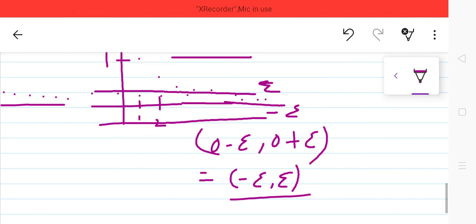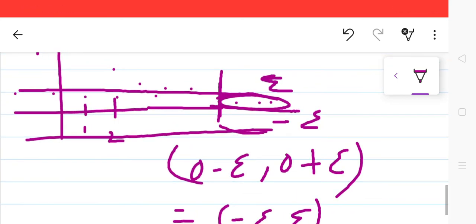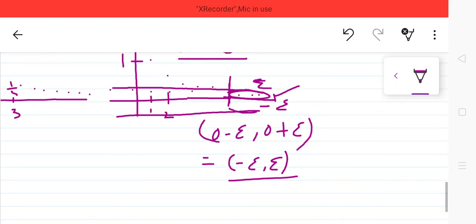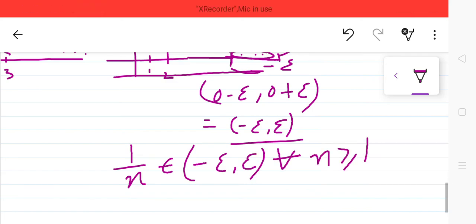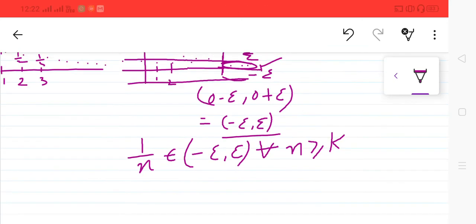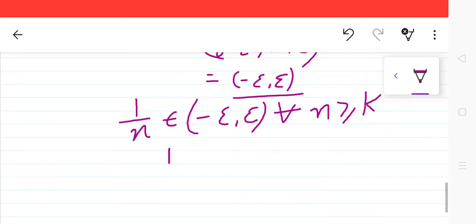You see that after this point all the terms are coming in this neighborhood, these points are coming in there. So 1 by n belongs to minus epsilon, epsilon for all n greater than or equal to some k. It means that 1 by n converges to 0.